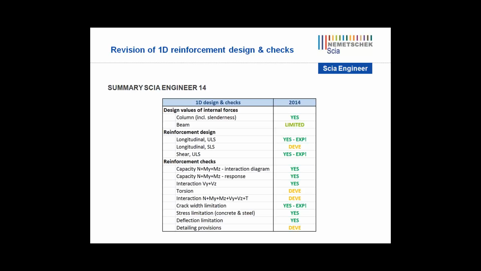This table combines all which I explained in the previous slides, and the things that are indicated as DV are still in development. So they are ongoing and will be available in one of the next patches or versions.